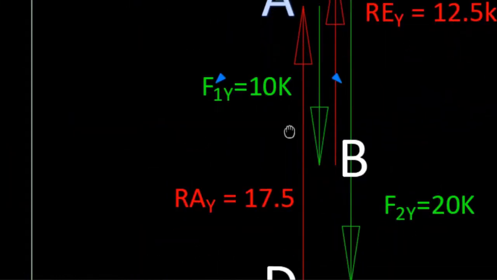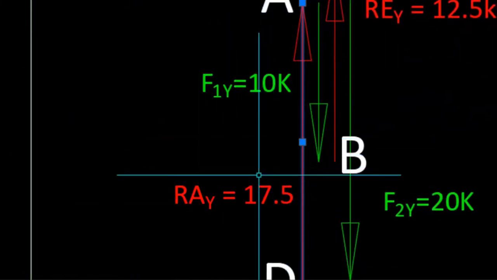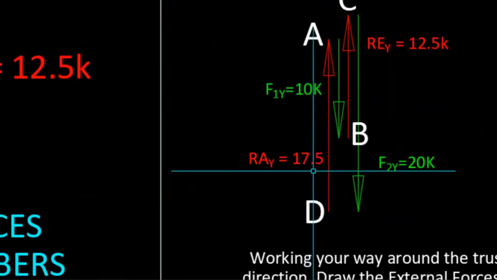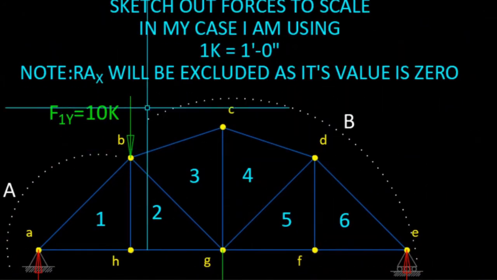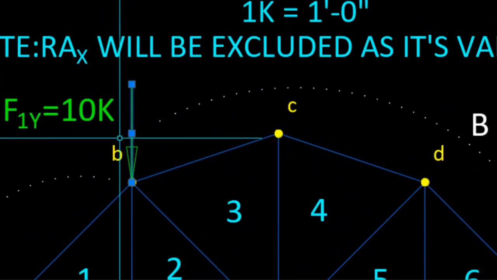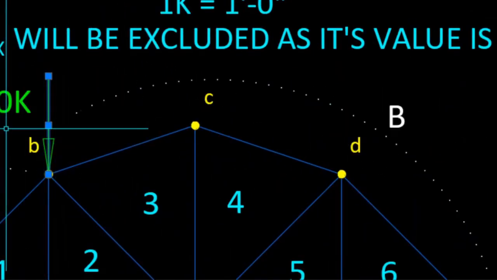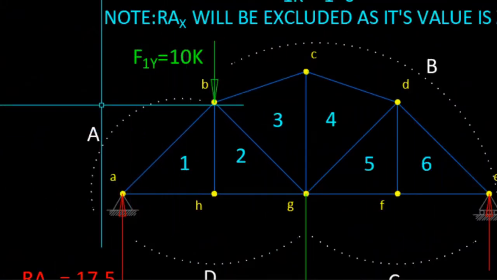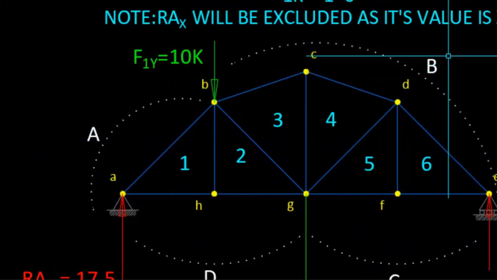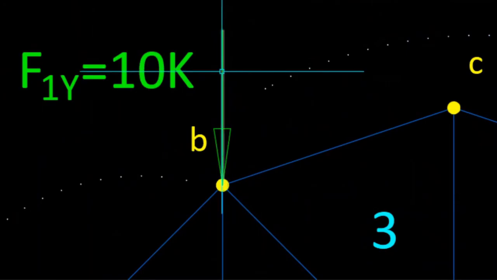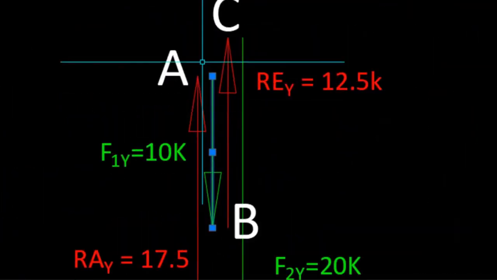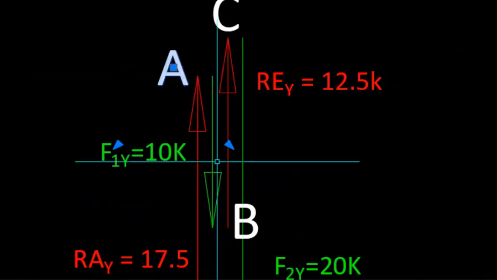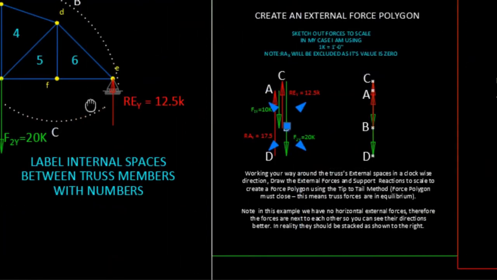Before space A, we had force RAY, which began at space D to space A. Next, from space A to space B, we have force F1y. So we label the points A to B.